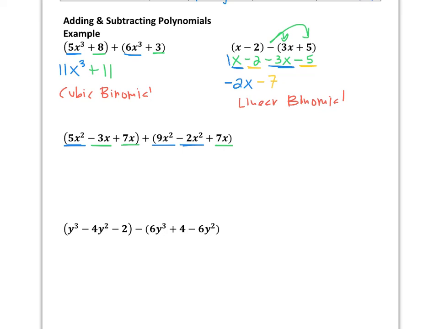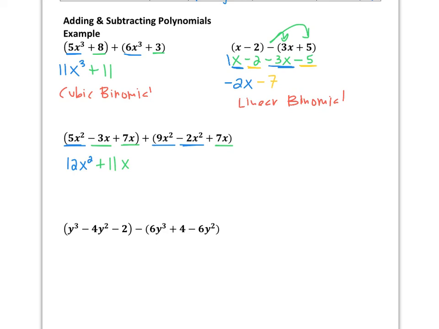All right, so we have positive 5, positive 9, negative 2. Well, 5 plus 9 is 14. 14 minus 2 is 12. So we have 12x squared. And for the x's, negative 3, 7, and 7. Negative 3 plus 7 is 4. And 4 plus 7 is a positive 11x.